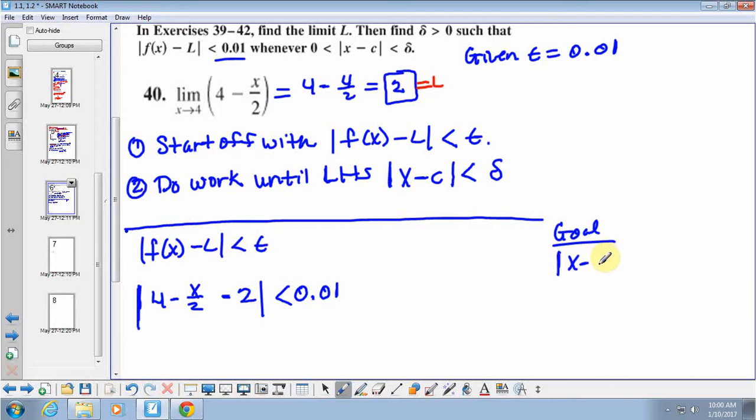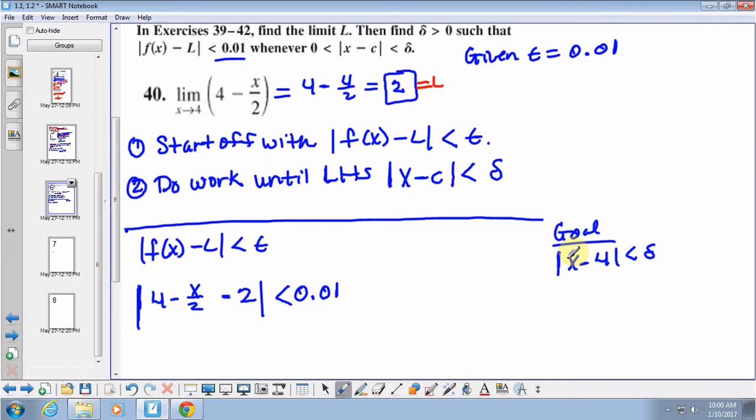What is c in this problem? The limit as x approaches c. X approaches what here? So I need to work with this left-hand side until I get to the absolute value of x minus 4.